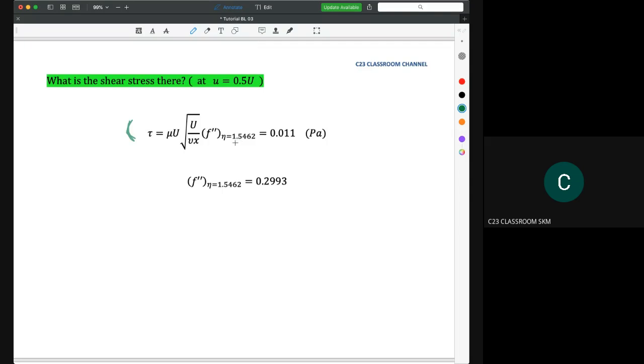Why do we take eta equal to 0? Because we need to calculate the shear stress on the surface. Normally we calculate shear stress on the surface of a flat plate, because this is the maximum shear stress that occurs in this situation.